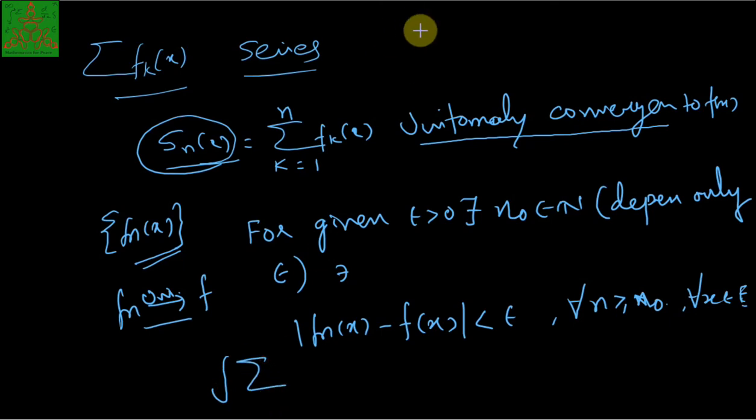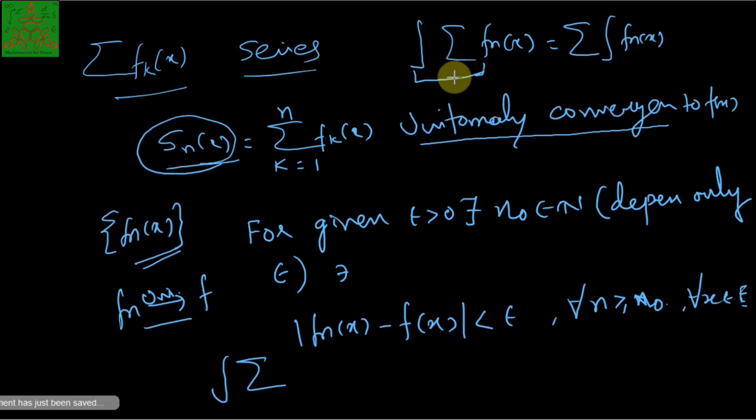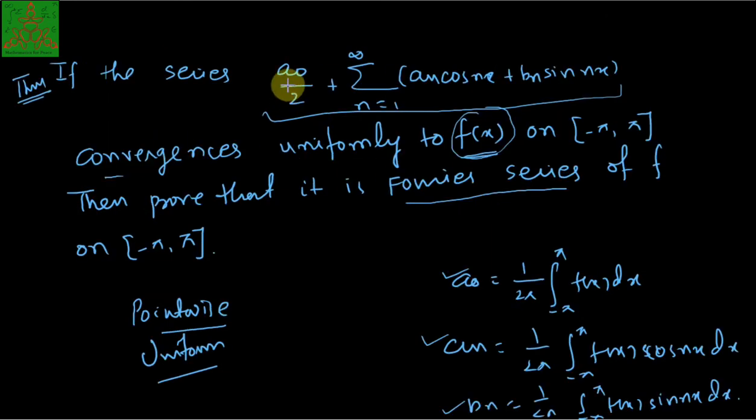In general you cannot interchange this summation and the integration, but under uniform convergence, you can do that. That's why uniform convergence is required to obtain this result. So we are assuming this series is uniformly convergent to the function f, and then we have to prove that it is nothing but the Fourier series of the function.